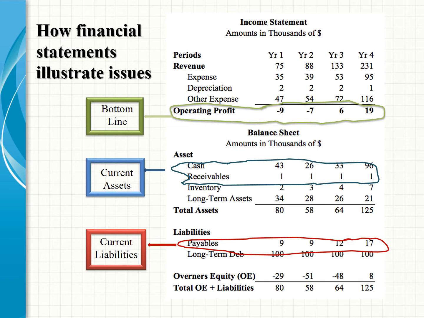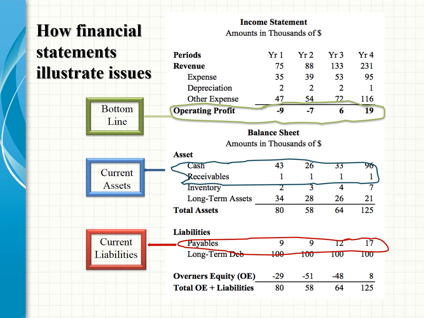In year 2, current assets totaled $27,000, $26,000 cash and $1,000 receivables, and liabilities totaling $9,000, which is the payables. Subtracting liabilities from assets leaves a balance of $18,000. This means the business is liquid because after paying off its payables, it still has $18,000 cash in the bank.